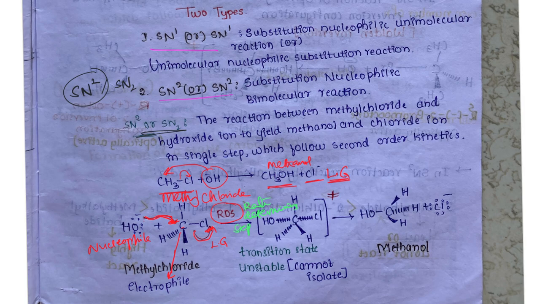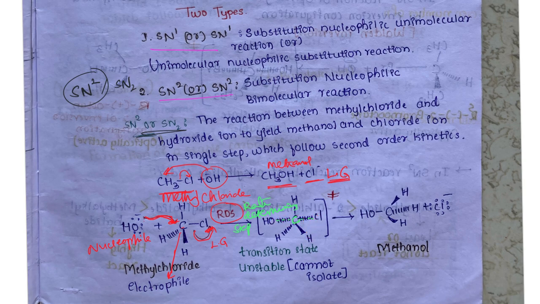In this reaction, the dotted lines show that the nucleophile has not completely attacked this carbon, and the leaving group has not completely departed from it. The normal line is away from the observer, and this one is near to the observer. We have to consider only three bonds, because these are not complete bonds.